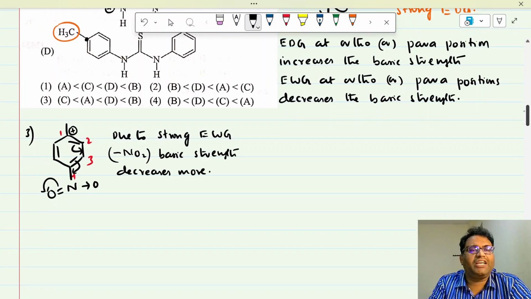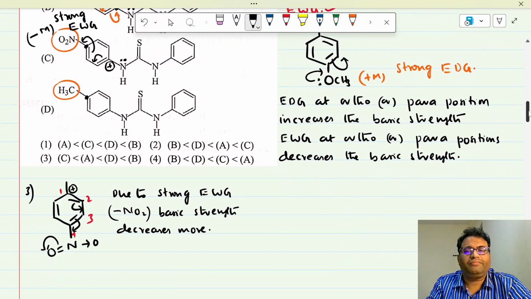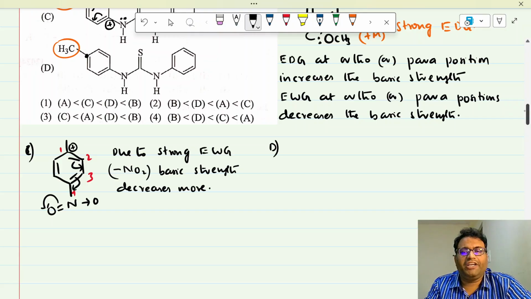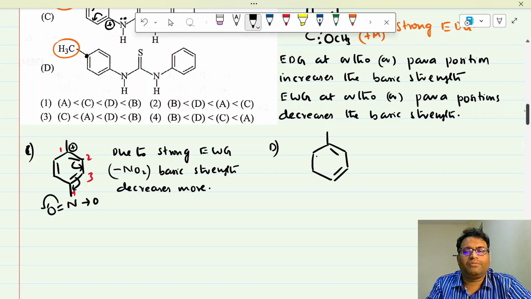Next, coming to CH3, this is molecule C. Let us see D now. In D, if you see carefully, here 1, 2, 3, CH3.